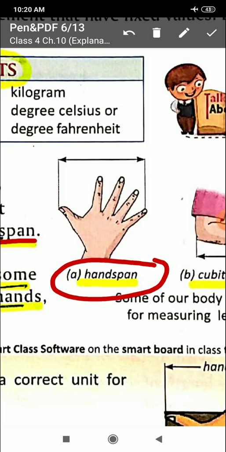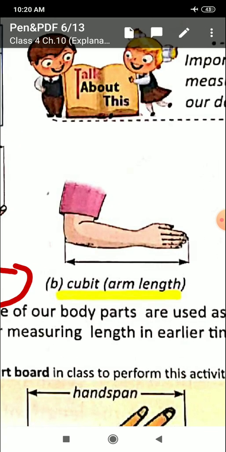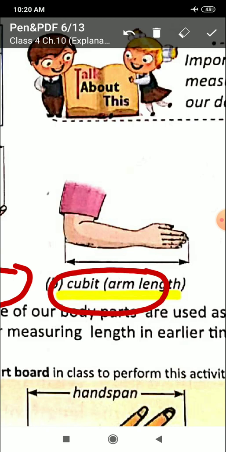Then next is cubit. This is the cubit. The distance between your elbow and the tip of the middle finger is a cubit. You can use cubit to measure the length of a door, bed or any wall.